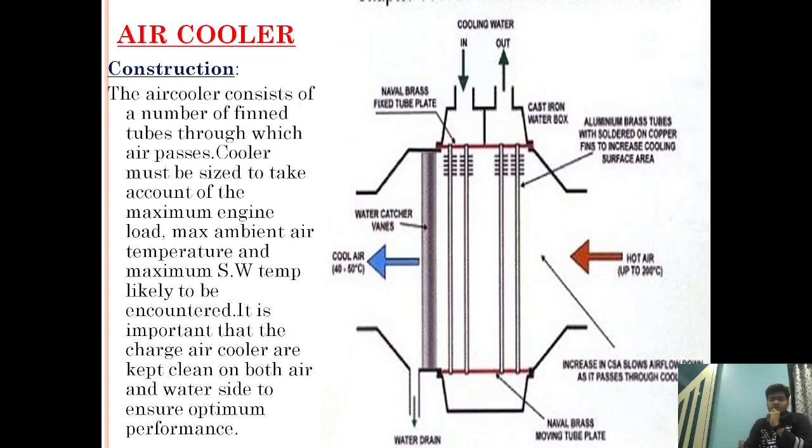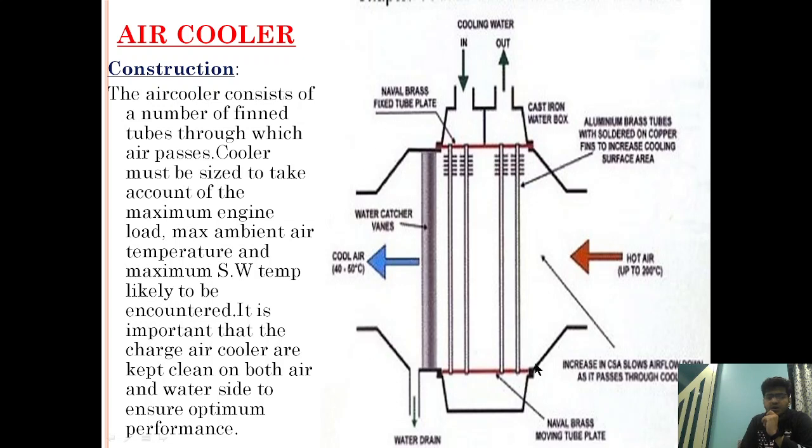Okay. Now, some may ask you the type of material which is used, so I will give you a quick synopsis. The end plate is of naval brass. Okay. The aluminum brass tubes with solder on copper fins are used to increase the surface area.